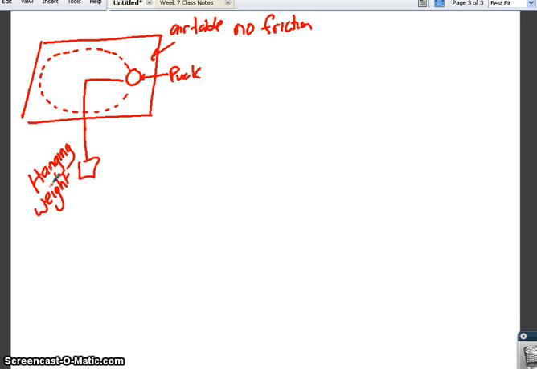So notice here, things are a little bit different now. This is multiple objects. What makes this unique is that we'll call the puck object 1, the weight object 2, M1, M2.